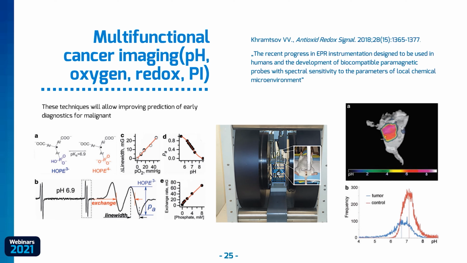Recent progress in EPR instrumentation designed to be used in humans and the development of biocompatible paramagnetic probes with spectral sensitivity to the parameters of the local chemical microenvironment potentially will make possible the transition of EPR techniques for multifunctional profiling of the tumor microenvironment into clinical settings. This technique will allow improving the predictive power of early diagnostics for malignant transition and future design of anti-cancer therapeutics.